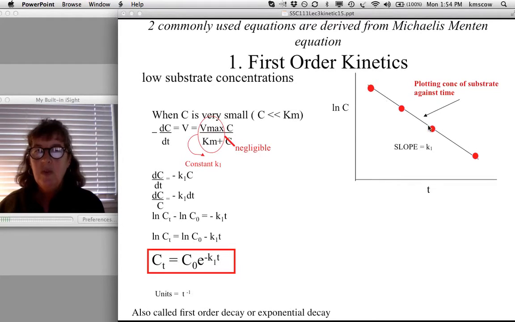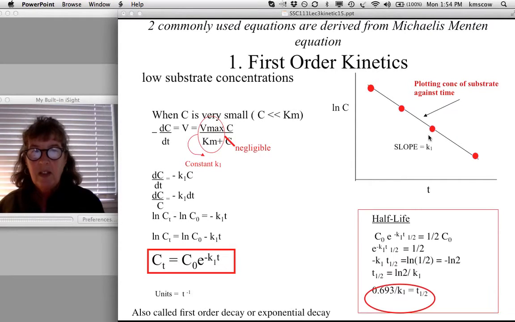So you can use this if you don't have more complex nonlinear approaches, which you do using Excel, but you can take the rate constant from this slope. And you don't want to take the rate constant from 2 points. You want to take the rate constant from fitting a line to all the points, and then the best fit of that is what you take as the slope to get K1. Never just interpolate between 2 points.